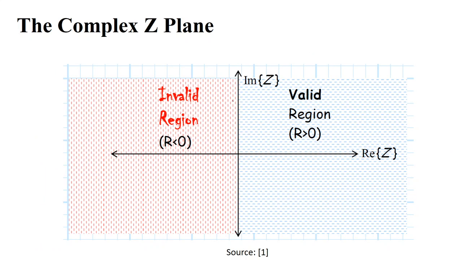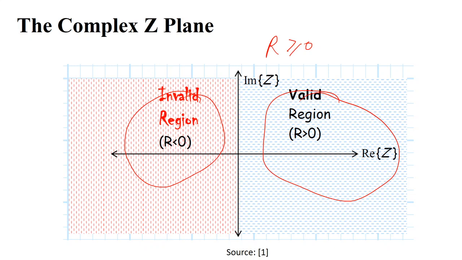Now, because resistance is generally taken as positive, the impedance will lie in this plane. Here R is negative, but R is generally positive, so this region is called the invalid region, because no point will be plotted here.